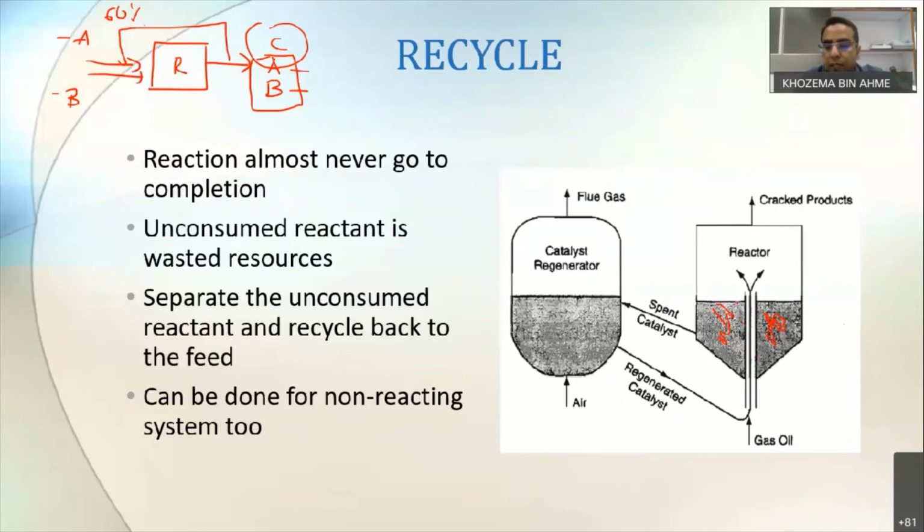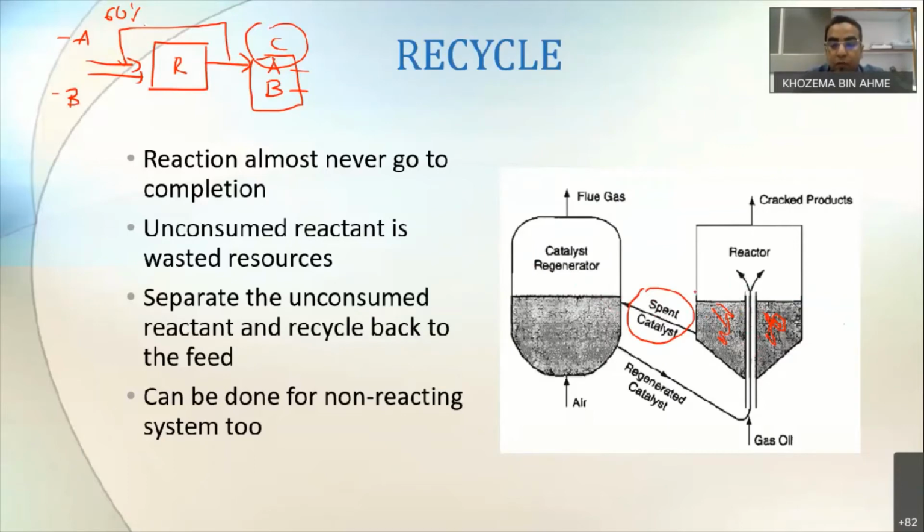And sometimes deactivation of the catalyst can occur. When this deactivation occurs, the catalyst will no longer be able to help increase the reaction rate. After the catalyst is deactivated, we name it the spent catalyst. We send it to a catalyst regenerator, so we regenerate the catalyst.